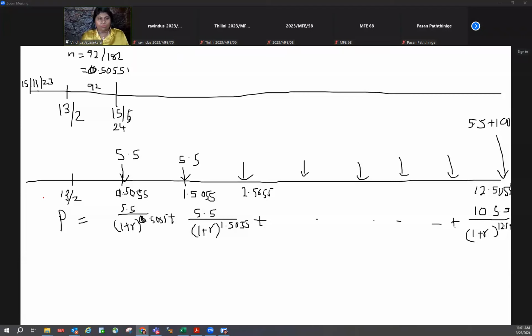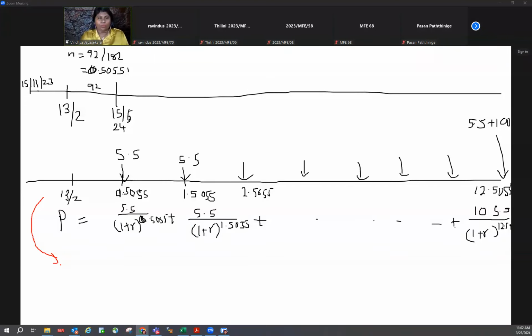Piece number 1, I can look at up to this point, because what is this 1 plus R to the power 0.5055 or 1 plus R to the power 1.5055? That is essentially odd periods. I can't use my formula for this, right? So I decompose this into two groups. One is a whole period and one is an odd period.